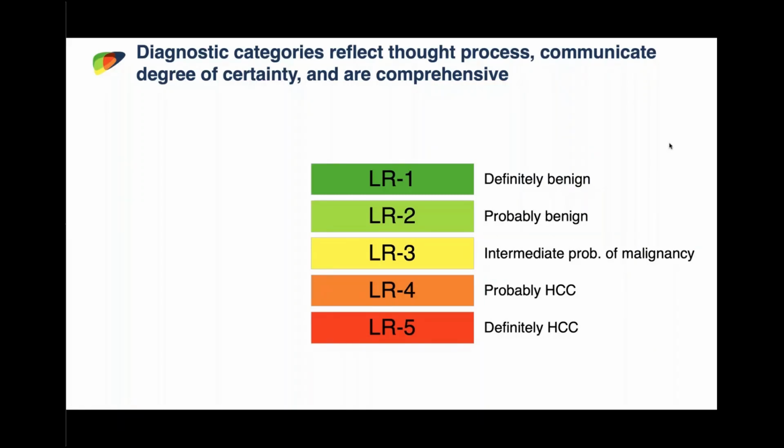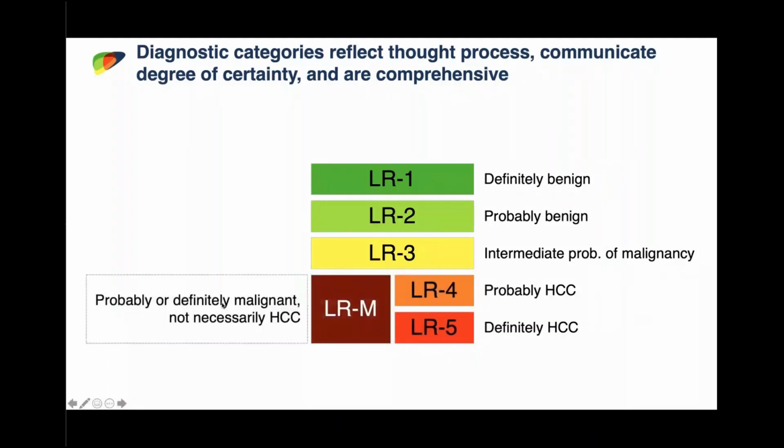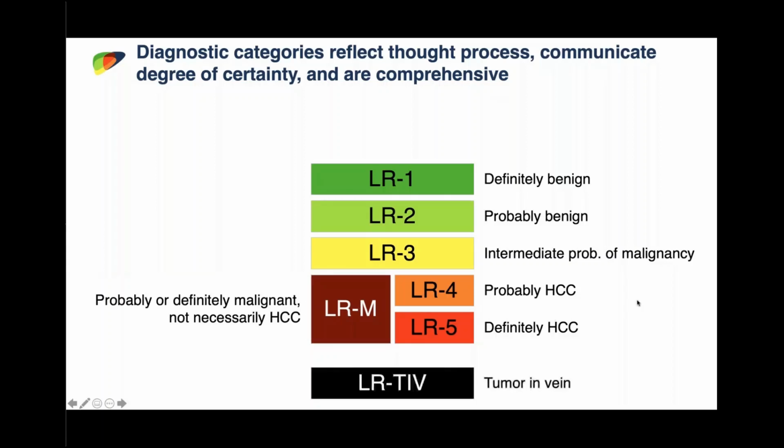But there's a missing category here, and the missing category is that sometimes the radiologist is fairly sure that it's malignant, but the radiologist is not positive that it's an HCC and thinks that it may be a cancer other than hepatocellular carcinoma, and that's the category LI-RADS M. Now, sometimes there's an observation that's actually invading a vein, macrovascular invasion, and we call that tumor in vein, and this is an LR-TIV for tumor in vein.